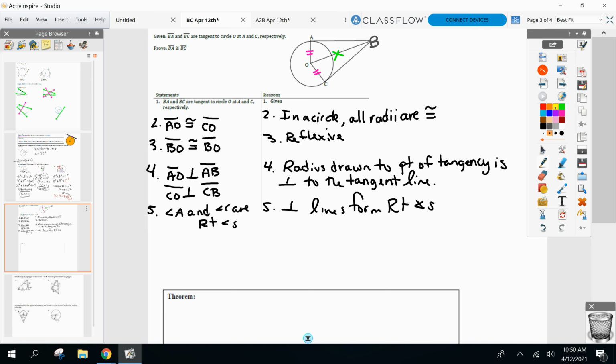Uh-oh. We think we're good to go, right? Because you guys gave me 3 pairs. You gave me 2 sides and an angle. You might want to look where that right angle is. Is this side angle side? No, absolutely not. Those right angles are not in between.